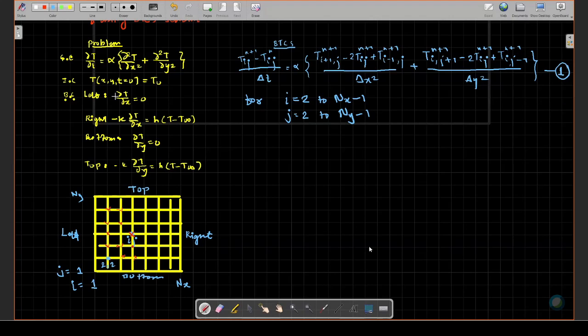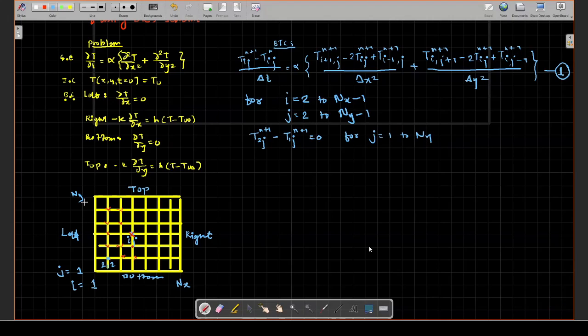Now what about the left boundary condition? The left boundary condition becomes T_2j^(n+1) minus T_1j^(n+1) is equal to 0, and this is for j equals 1 to ny.